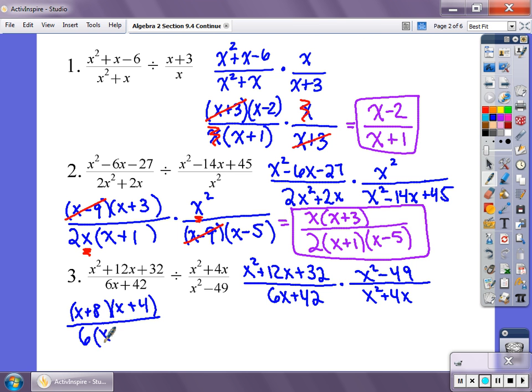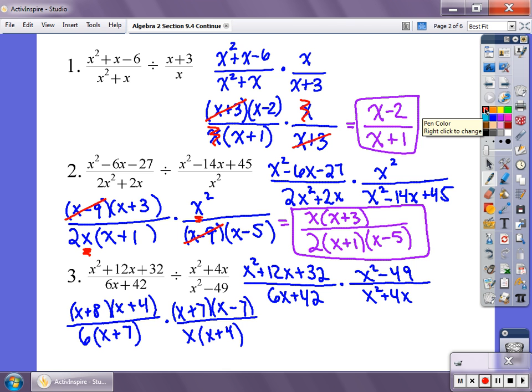You're going to have x plus 7 left over. In the top, x squared minus 49 is a difference of squares. So we'll have x plus 7, x minus 7, and then x squared plus 4x. There's a greatest common factor of x, and then we have x plus 4 left over.